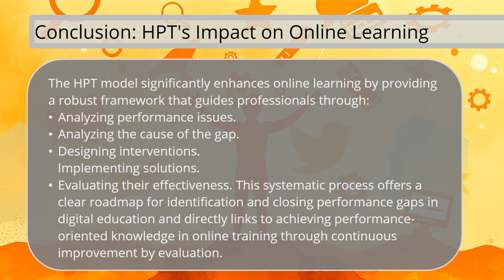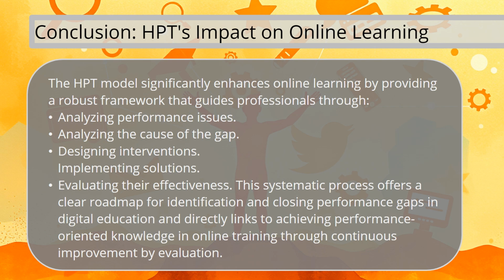In conclusion, the human performance technology model significantly enhances online learning. It provides an incredibly robust framework that guides professionals through a comprehensive, systematic process. This includes meticulously analyzing performance issues, deeply analyzing the causes of those performance gaps, and then designing targeted interventions, implementing those solutions, and finally, rigorously evaluating their effectiveness.